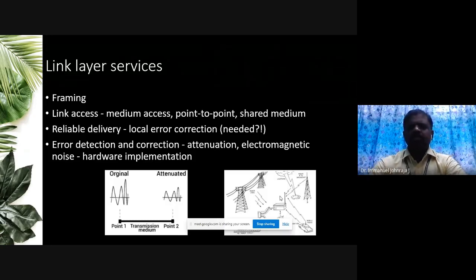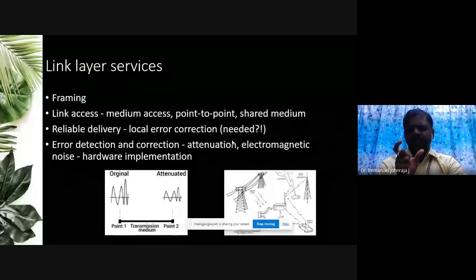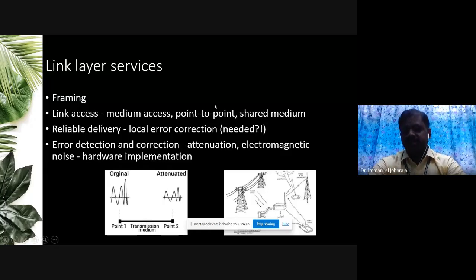It also supports medium access in the shared medium specifically. Point-to-point access is also available, specifically when you have a router connected straight to another router, then it's going to be a point-to-point link. And you also have reliable delivery. Local error correction is available, yes, it's needed.